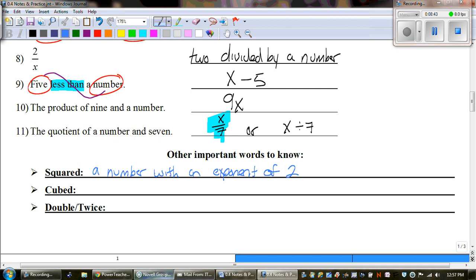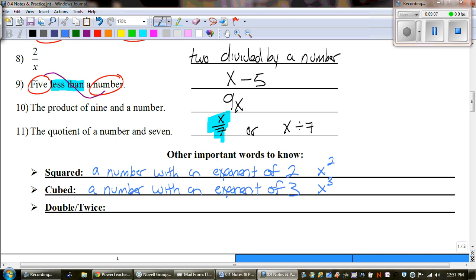Okay, a number with an exponent of 2. Cubed is a number with an exponent of 3. So it would be like x squared or x cubed.